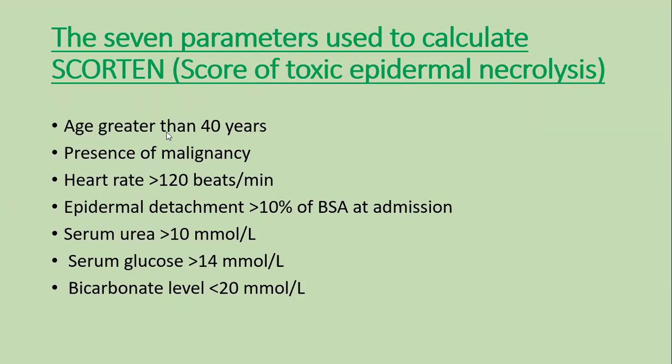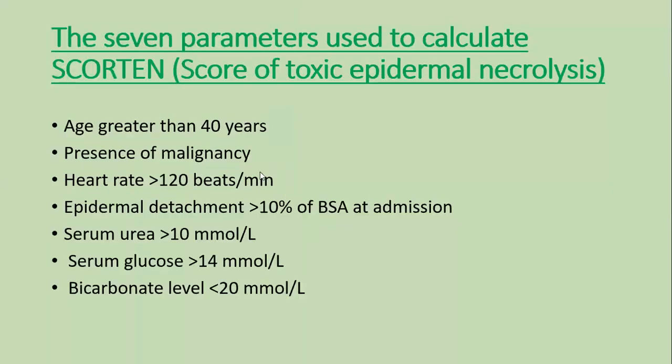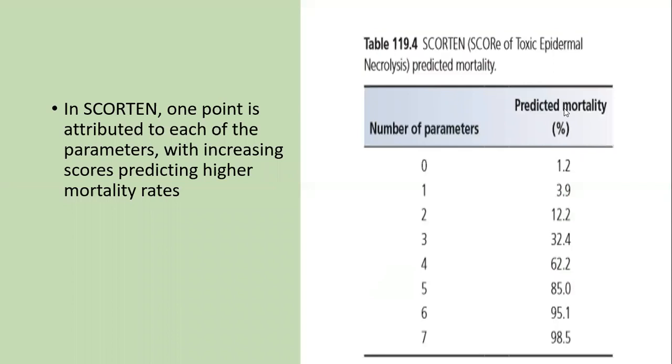Each and every point has a single score. So if the patient has score 1, that is one of the criteria is positive, then the predicted mortality is 3.9%. Similarly, as the number of scores increases, the mortality increases in folds. Like with 4 of the criteria positive, the mortality is 62.2%, and with all the criteria positive, it is 98.5%.